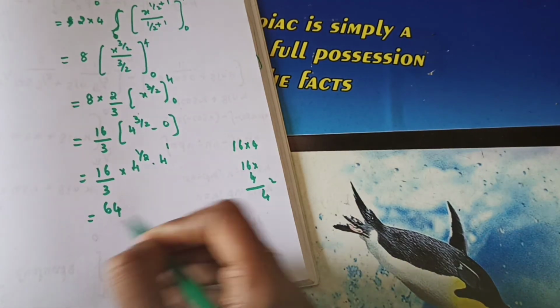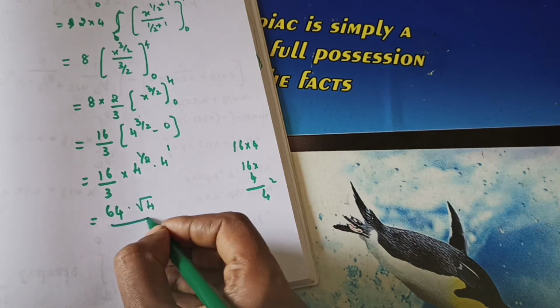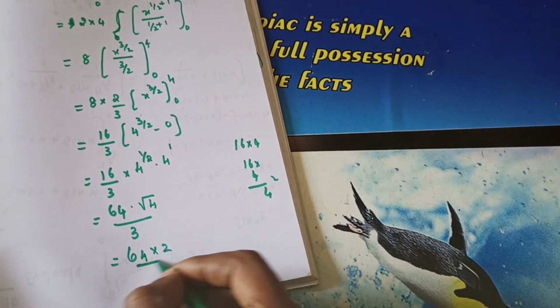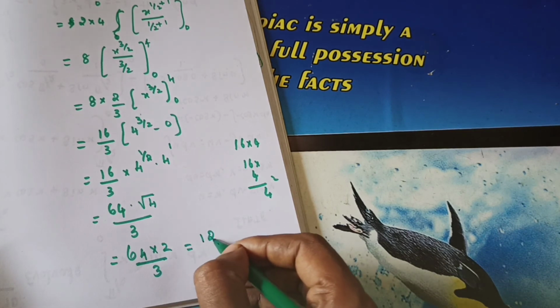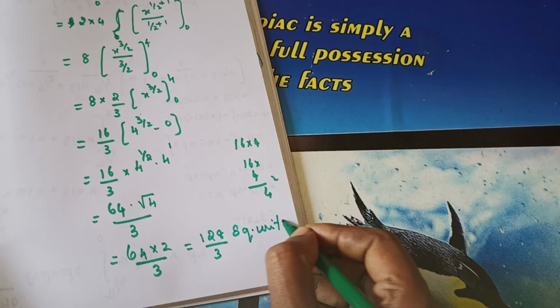Okay, 64. So 64 into root 4 by 3. So root 4 how will you write? 2, is it right? So by 3. So what's the answer? 128 by 3 square units.